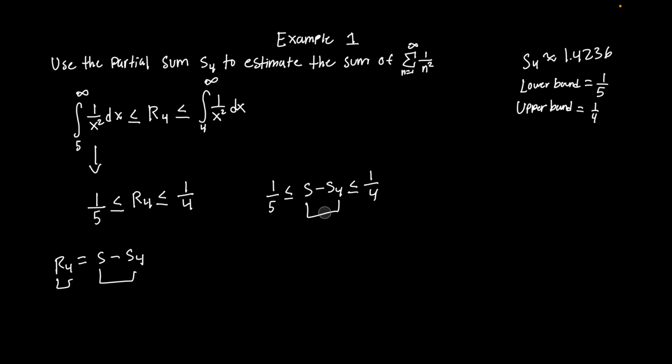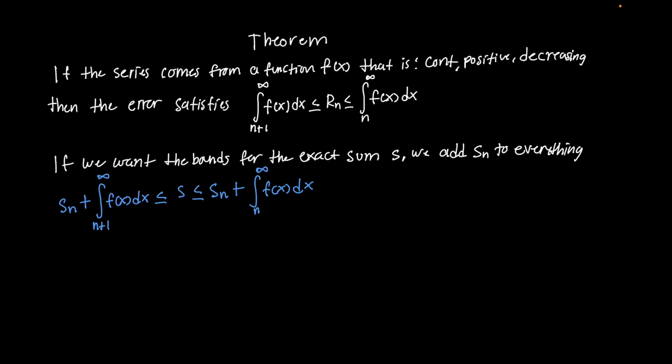So what do we do? Well, from inequalities, if you add something in between an inequality, you have to add it to both sides. So let's add the fourth partial sum to both sides. That's where you get the actual sum error bound formula. The one before, hold up, where was it? Go back to it really quick.